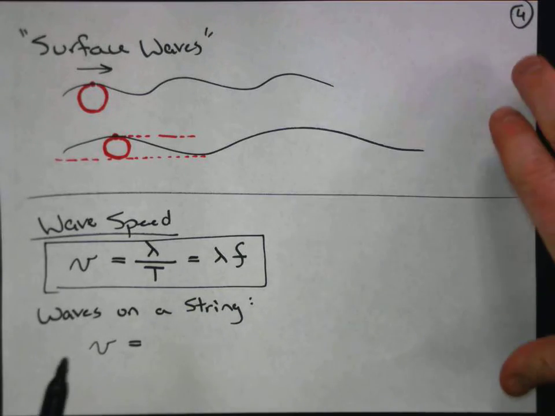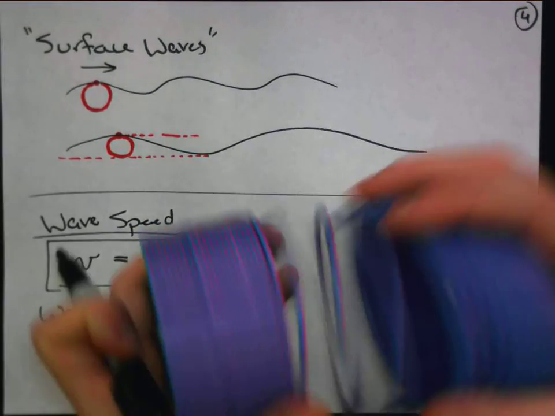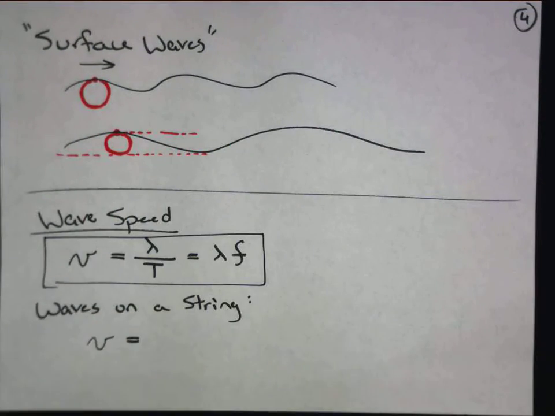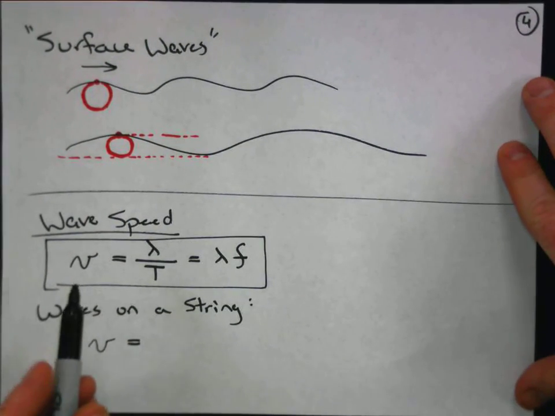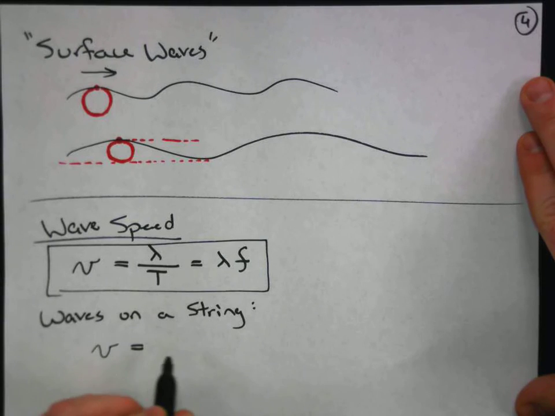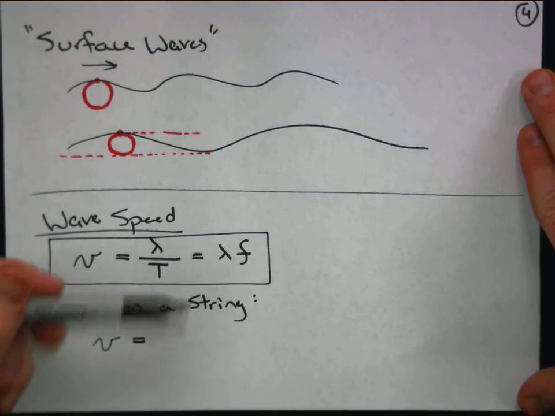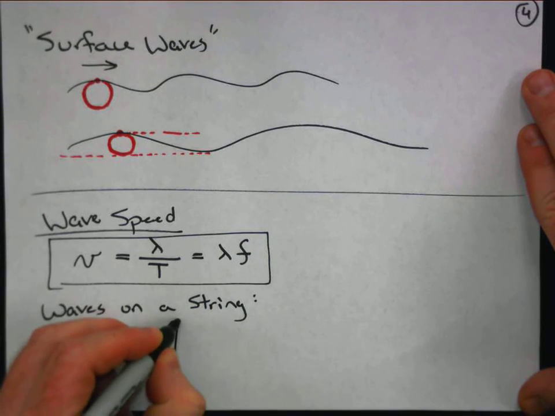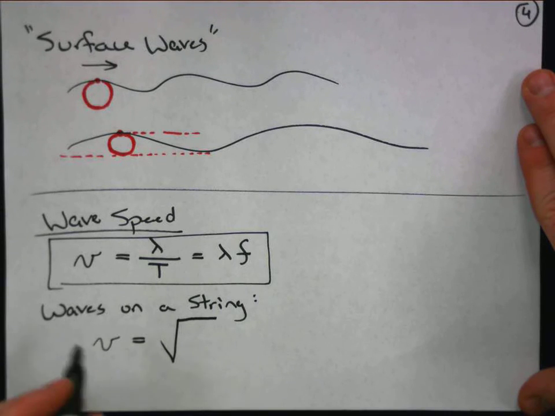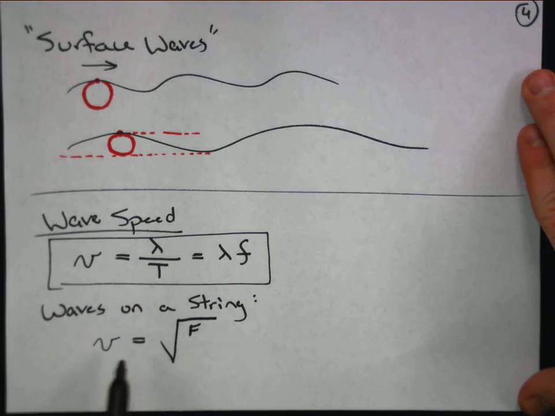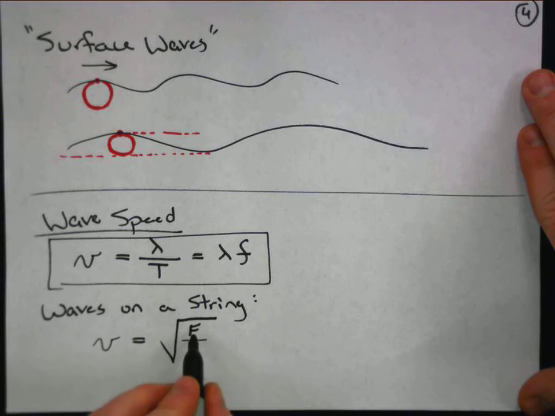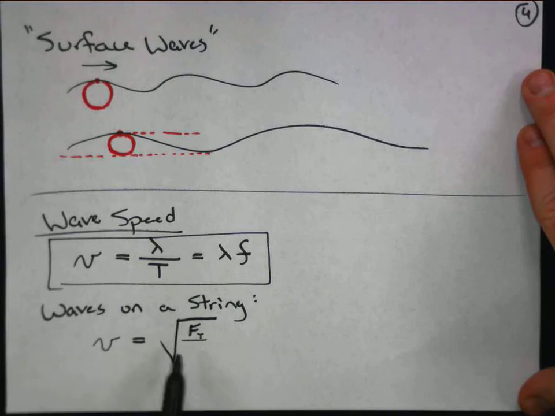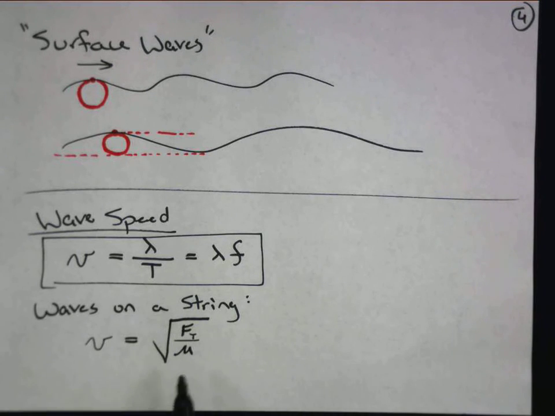And there's more though. If you imagine, instead of lightweight plastic like this stuff, it's a very heavy, thick rope or even metal cable with a lot of mass to it, well, the more mass there is, the harder it's going to be to disturb it up and down. And so the wave is actually going to move slower. It turns out, when you get into this, that the speed of a wave on a string is directly proportional to the square root of the force of tension in the string, and inversely proportional to the square root of this thing called mass per unit length.